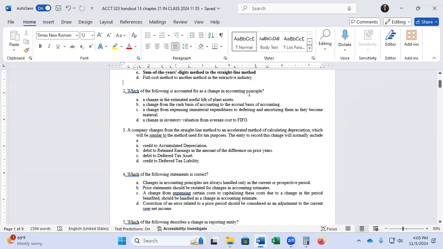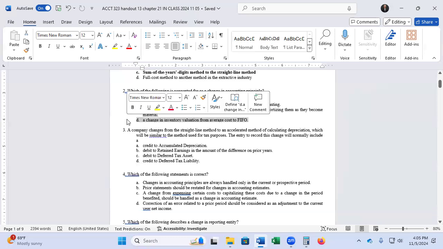Which of the following is accounted for as a change in accounting principle? So here we're looking at moving from something that was GAAP to something that's GAAP that's better for us. And so the change in the inventory valuation from average cost to FIFO.